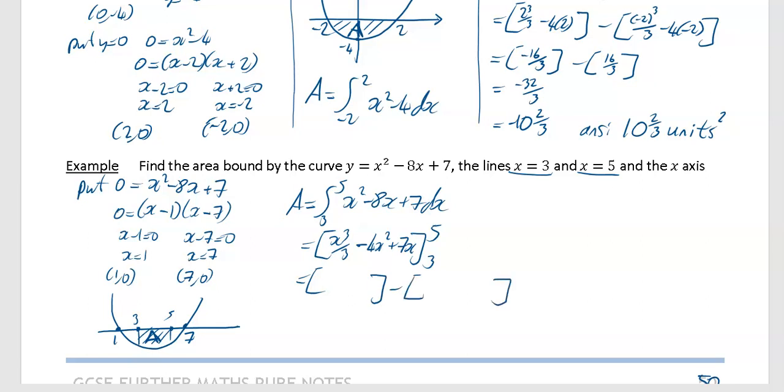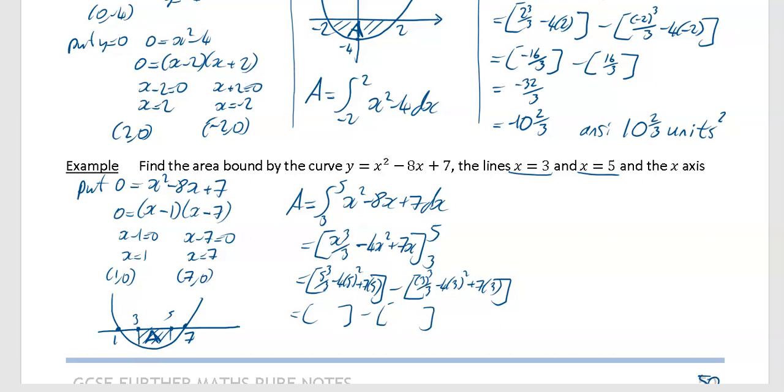minus another square bracket. That's going to be 5 cubed over 3 minus 4 times 5 squared. I haven't left myself enough room here. Plus 7 times the 5. Over here, you're going to have 3 cubed over 3 minus 4 times 3 squared plus 7 times 3, which is going to be square bracket minus another square bracket.